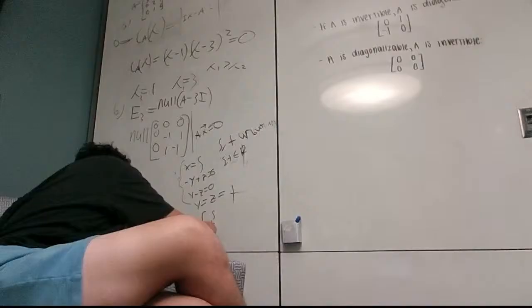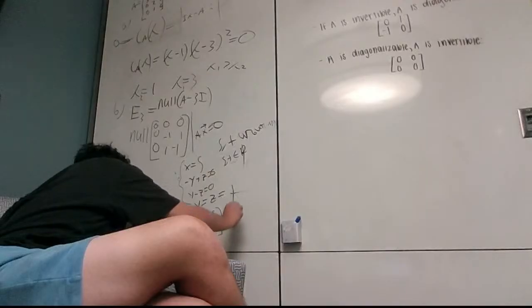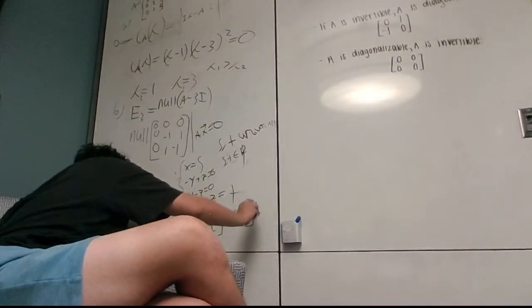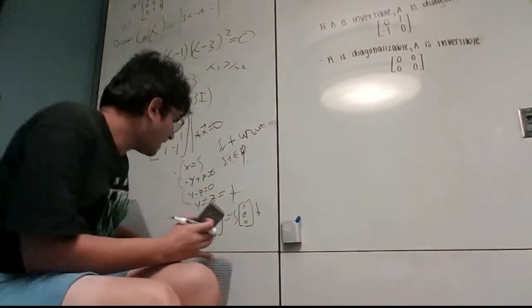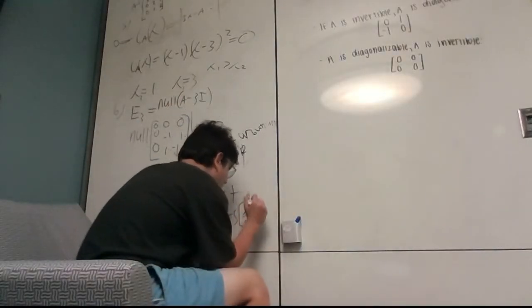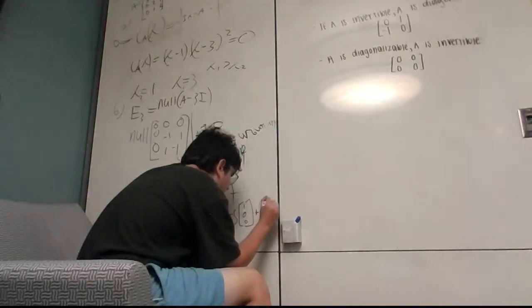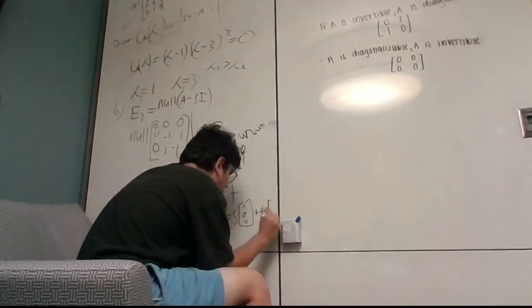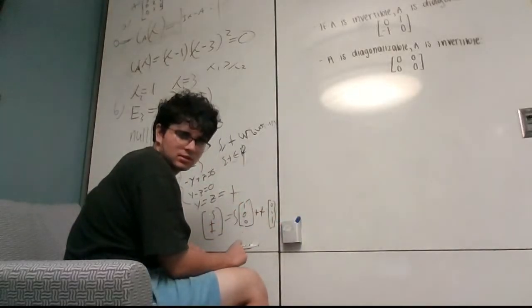S of t, which equals S of 1, 0, 0 plus t of 1, 1, 0, and then these.